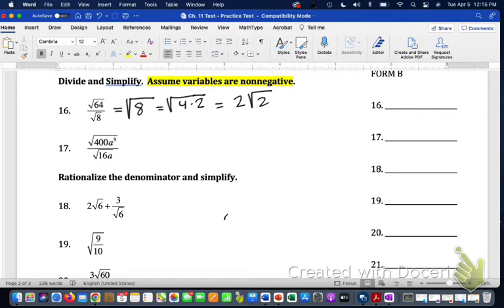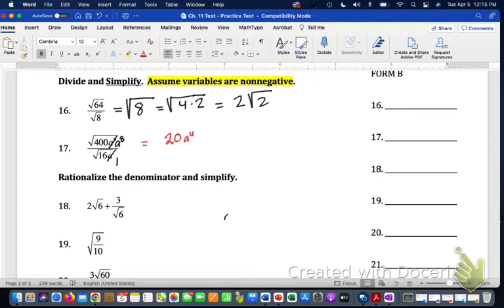Actually, since I don't know and I would need a calculator, what I would do is the square root of 400. And this right away, I know I can get rid of 1, and so this is a to the 8th. So the square root of 400 is 20, right? The square root of a to the 8th is a to the 4th.